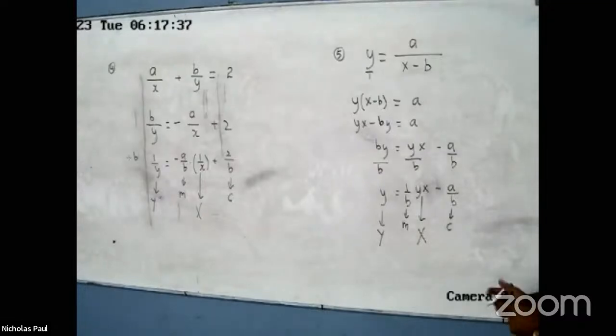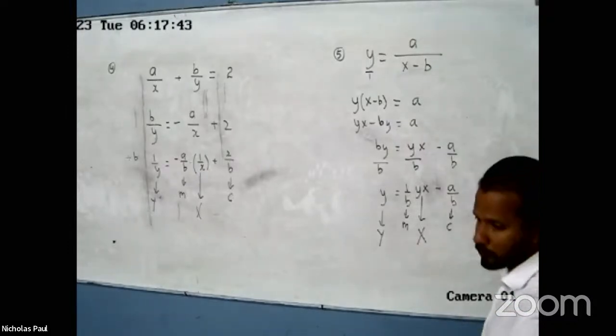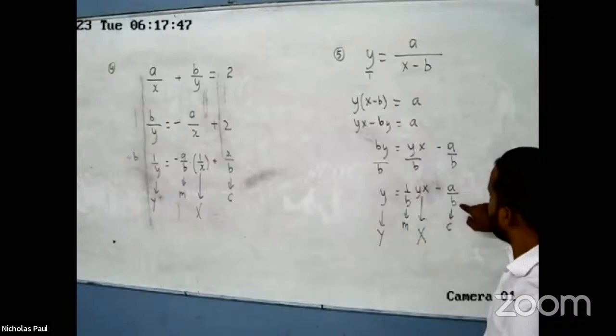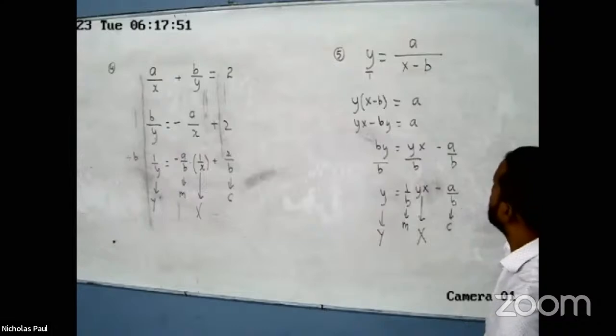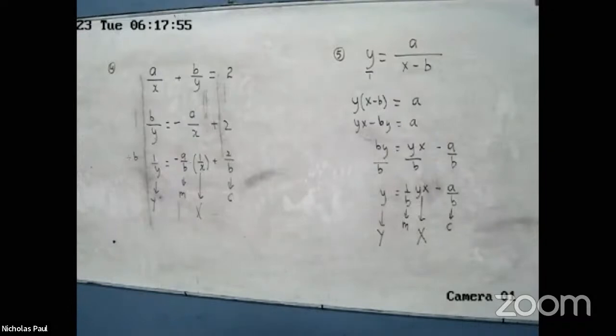Right? Yeah. You have something. A and B. So A is here and B is here. Wait, you have 1 on 1.